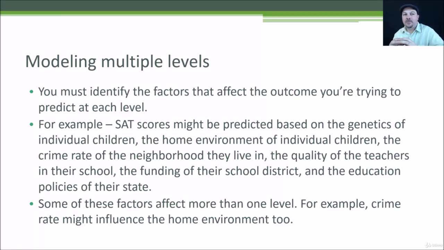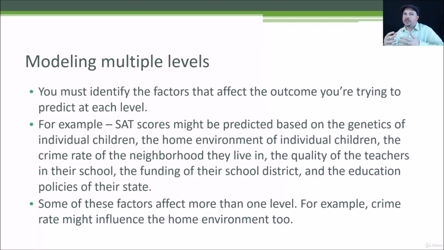The facilities they have for teenagers and keeping them off the streets, things like that. The idea is you want to keep looking at these higher levels, but at each level identify the factors that impact the thing you're trying to predict. And I can keep going up to the quality of the teachers in their school, the funding of the school district, the education policies at the state level. You can see there are different factors at different levels that all feed into this thing you're trying to predict.